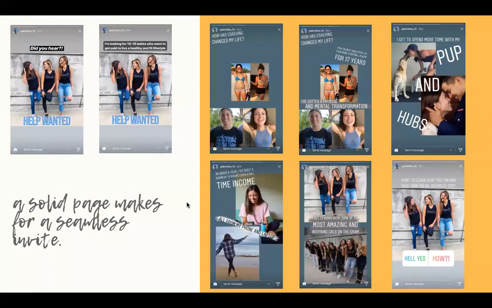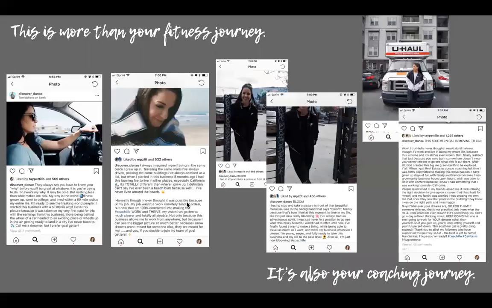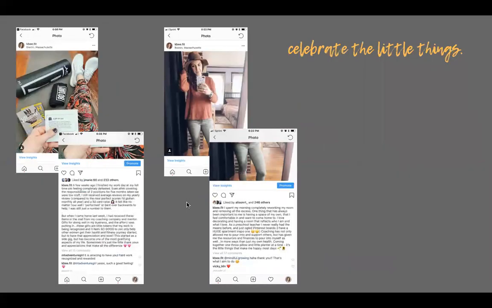So then this is the next step. A solid page makes for a seamless invite. But these help wanted posts, these invites on your page, they're reaching out to people, this doesn't work if you don't have this stuff under wraps, because this is your business front, your storefront.